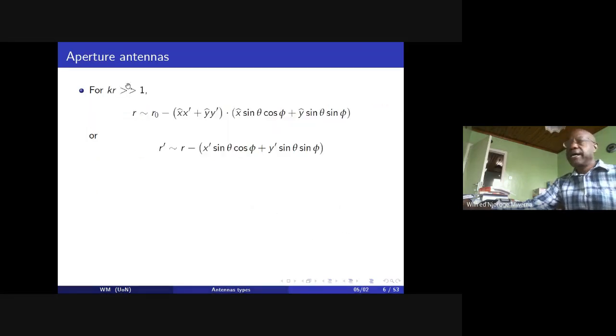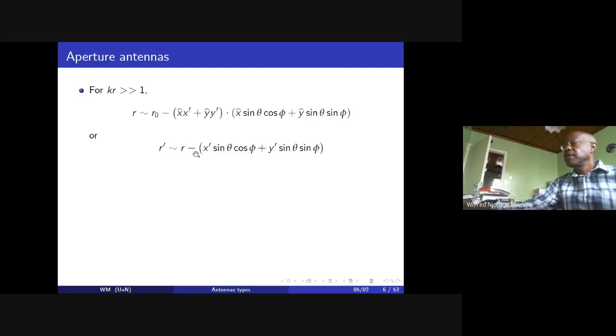So when kr is much larger than unity, then we can write that r prime will be approximately r naught minus the dot product of the position vector of the element of area with the unit vector in the spherical coordinate system.